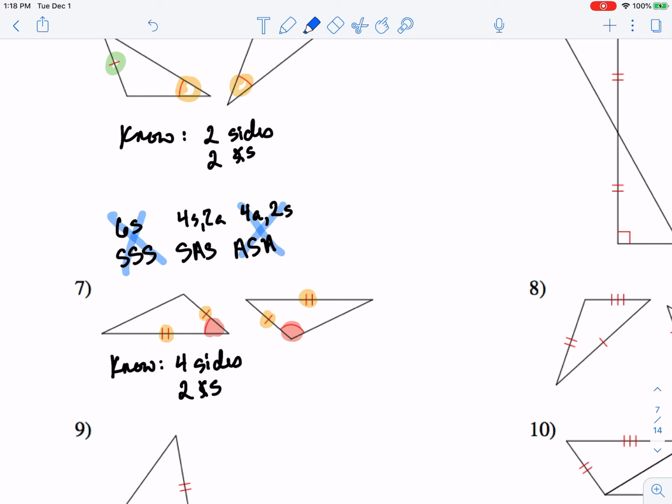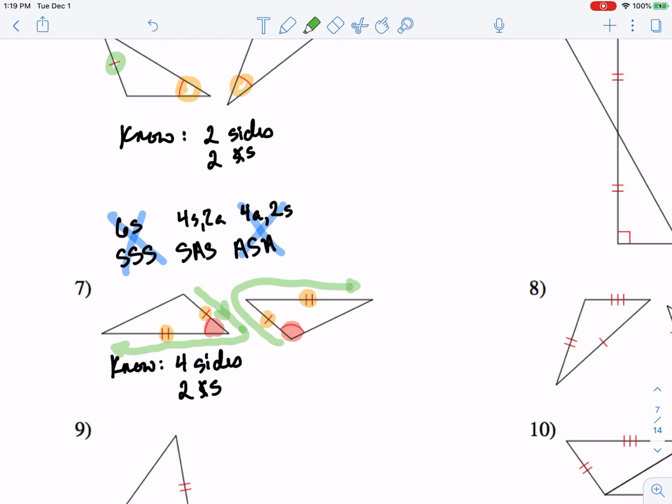Now, the way we counted these triangles yesterday is extremely important. So if I start and I go this way, I'm going to start at the one side and go to the side with 2 angle marks.